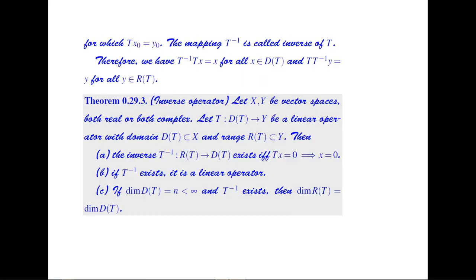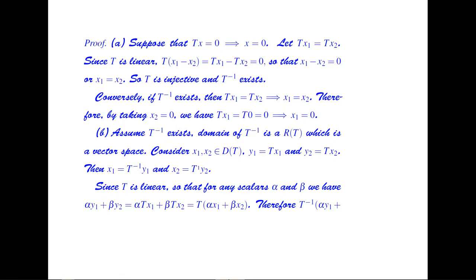Now the second: if T inverse exists, then it is also a linear operator. Assume that T inverse exists. Now the domain of T inverse is the range space of T, which is a vector space. We already proved it. So consider x1 and x2 belonging to the domain space of T, where y1 is equal to T x1 and y2 is equal to T x2. Then x1 is equal to T inverse of y1 and x2 is equal to T inverse of y2.